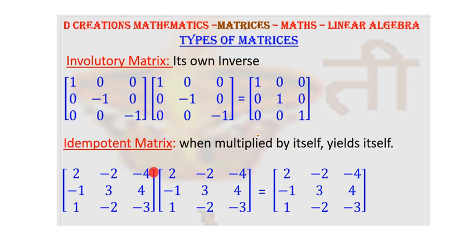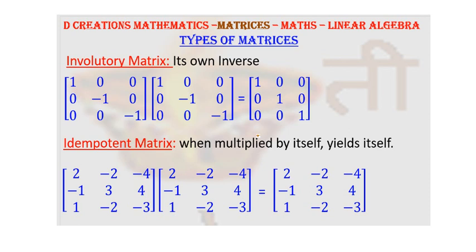Similarly, go for this row and this column. 2 into minus 2 is minus 4, minus 2 into 3 is minus 6, that gives you minus 10 total, plus 8, so that gives you minus 2 as expected. Similarly, if you go for multiplication of row 1 and column 3, 2 into minus 4 is minus 8, minus 2 into 4 is again minus 8, and minus 4 into minus 3 is plus 12.